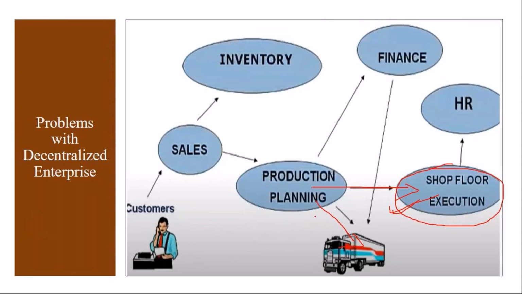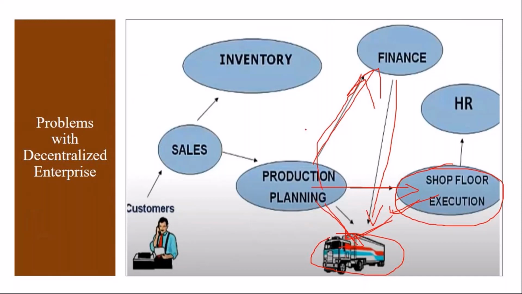Now once the planning department purchases the raw materials, they have to make the payment to the vendor. So let's say they forgot to inform the finance department, or there is a delay in informing the finance department. Ultimately the finance department could not make the payments to the vendors in time. So then you may face legal action from the vendors.